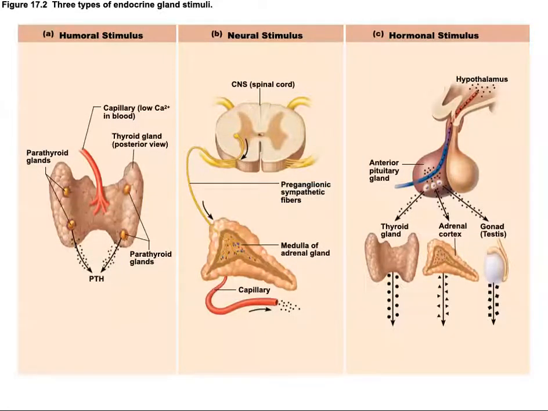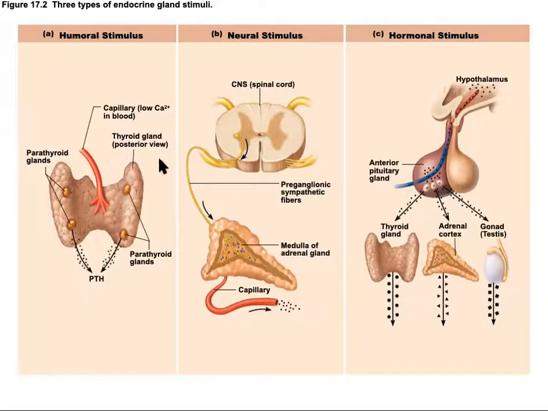An example given here is that the release of parathyroid hormone from parathyroid glands is triggered by a drop in the calcium level in blood.